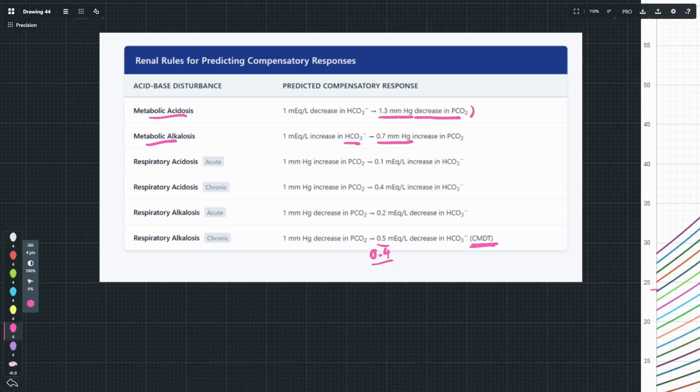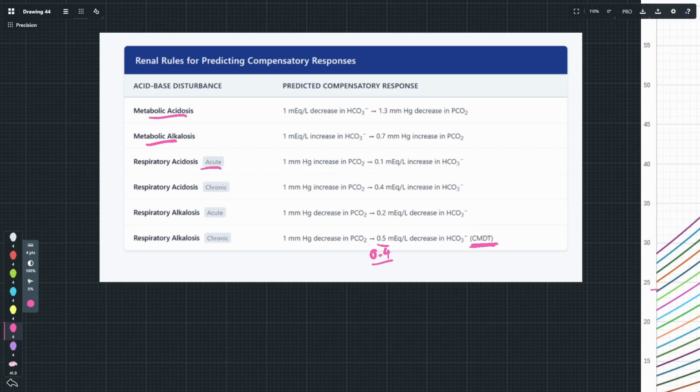So that is why this difference exists. Unfortunately, you will have to memorize these values, but I think if you look at this a few times, it's easy to memorize. It's not very difficult. But anyhow, then moving to respiratory acidosis.